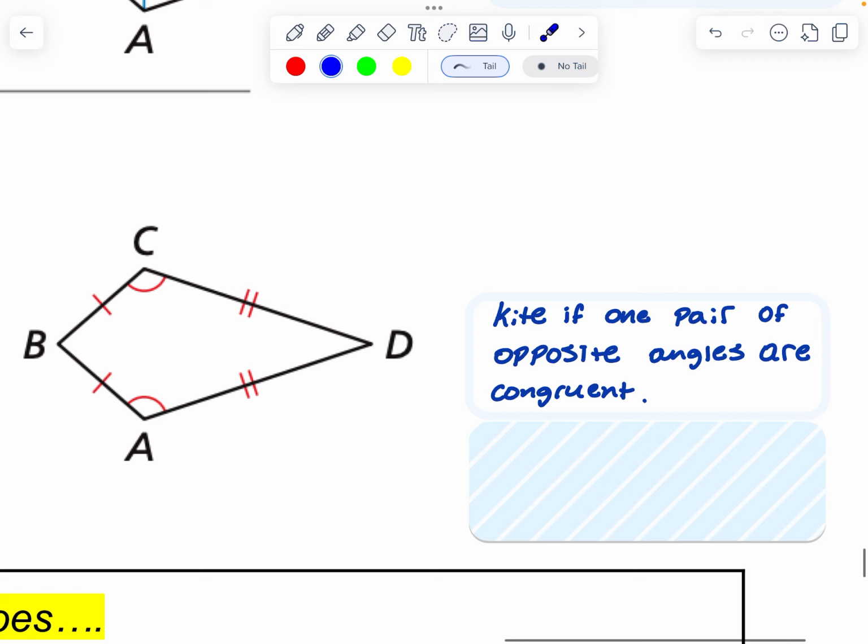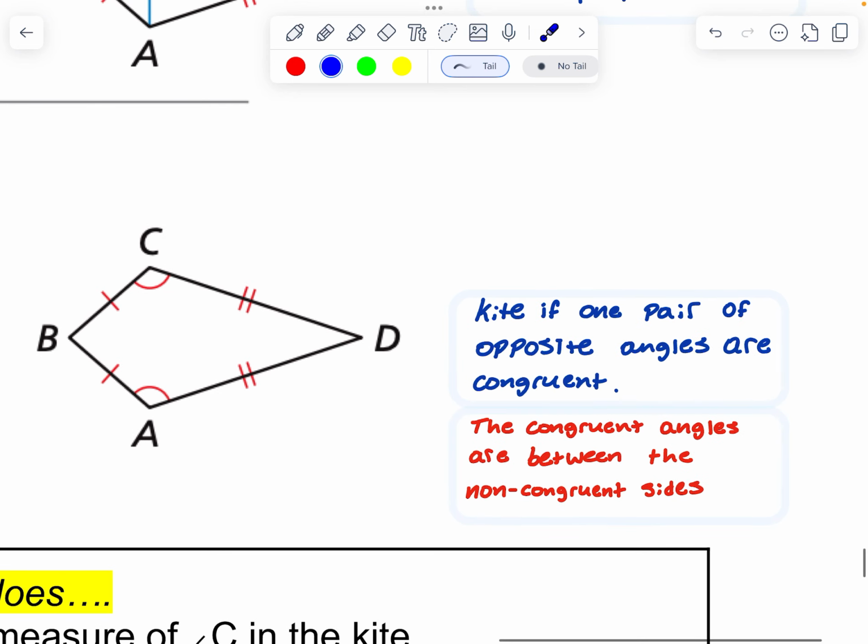We're dealing with a kite if one pair of opposite angles are congruent. The congruent angles are between the non-congruent sides. This is how I think of it. You may think of it a different way. You might remember it a different way, and that's fine.